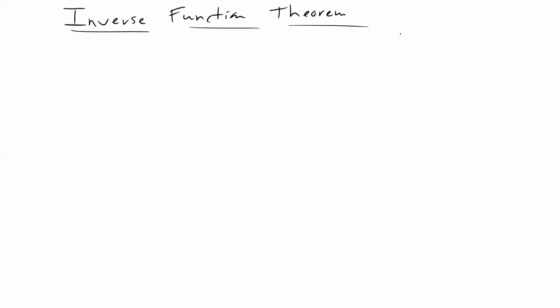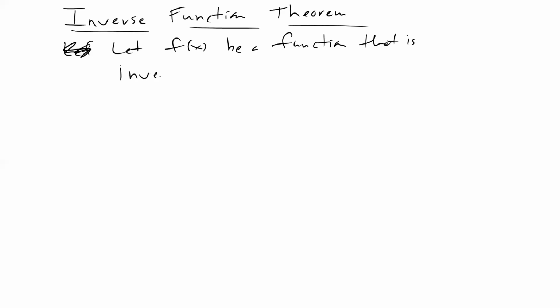Okay, so inverse function theorem, we have to write these down because we're going to use these in different ways here. So let f of x be a function. First of all, it's invertible, which means it does have an inverse, right?